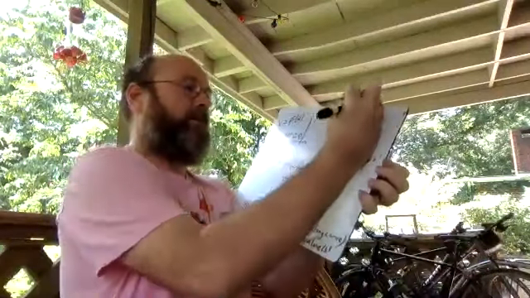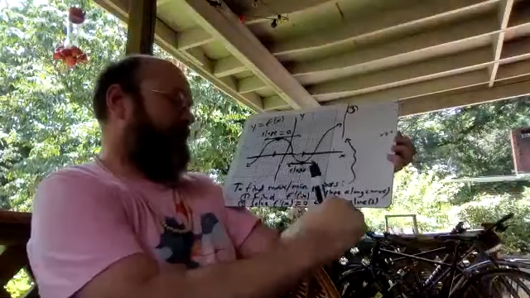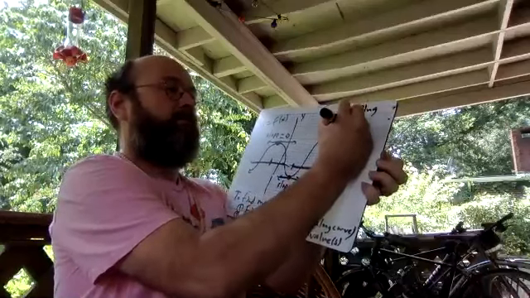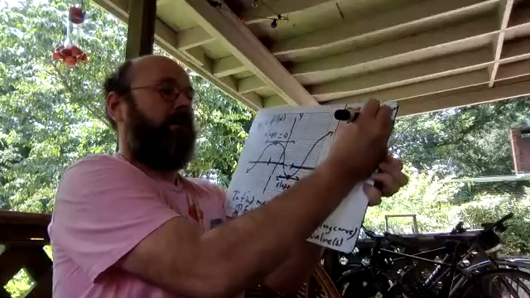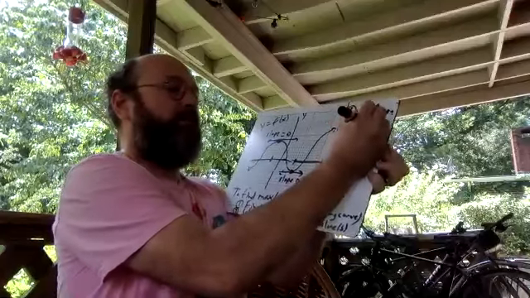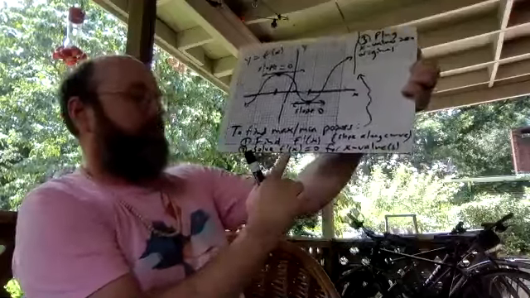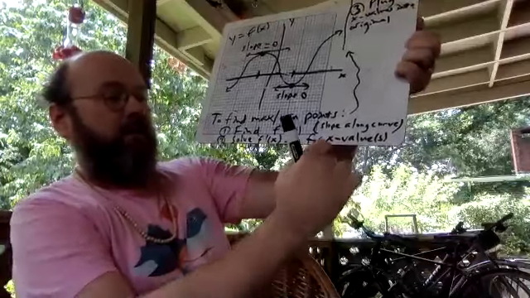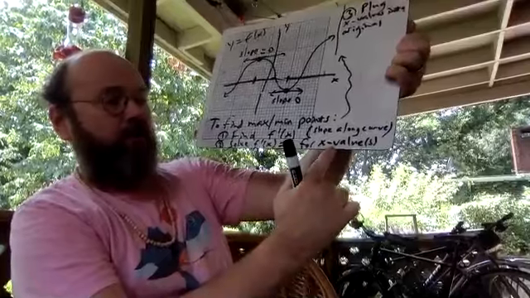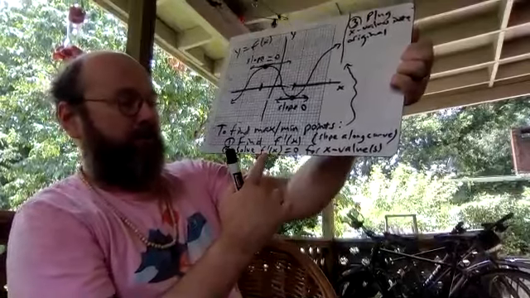Okay, now I can put step 3. Step 3 is that now you use these x values, the critical numbers, and plug them back into the original equation, not into the derivative. Note that once you've solved the derivative and got those x values, if you plug them back into the derivative, it's going to be 0. That's the definition of the roots, that they're the things that make the derivative 0.